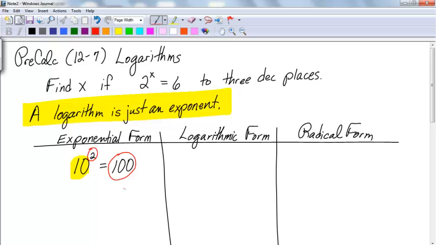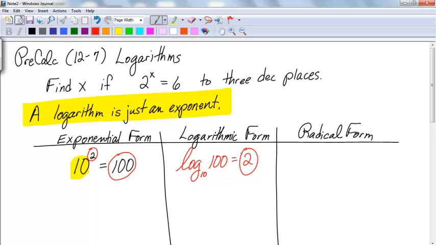If you go to logarithmic form, it's the log of the number, log of 100, base 10, and it equals 2. The base is always written as a little subscript. The logarithm is just the exponent.